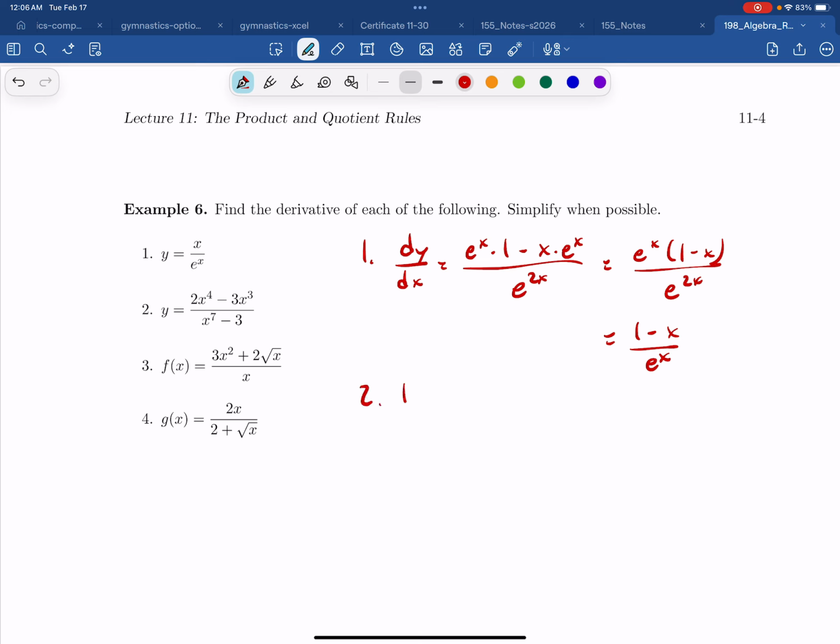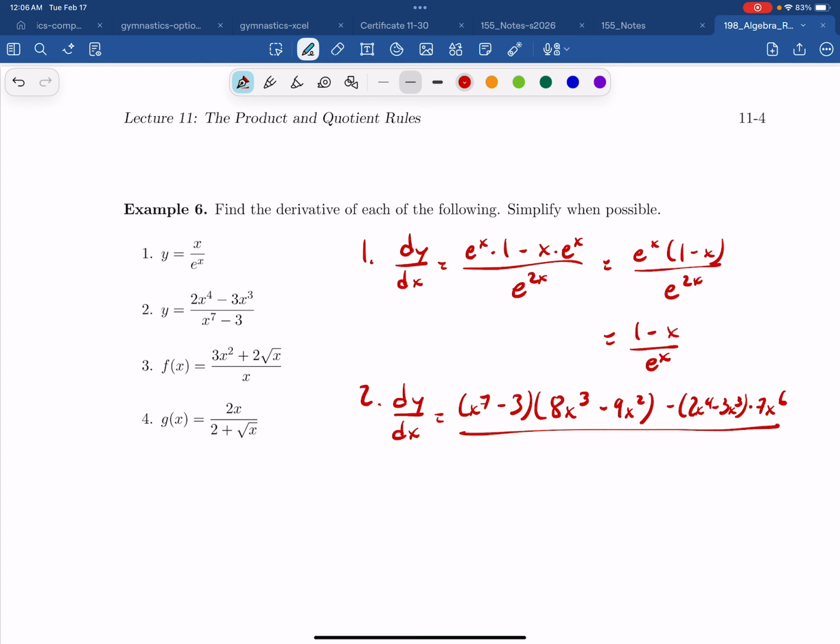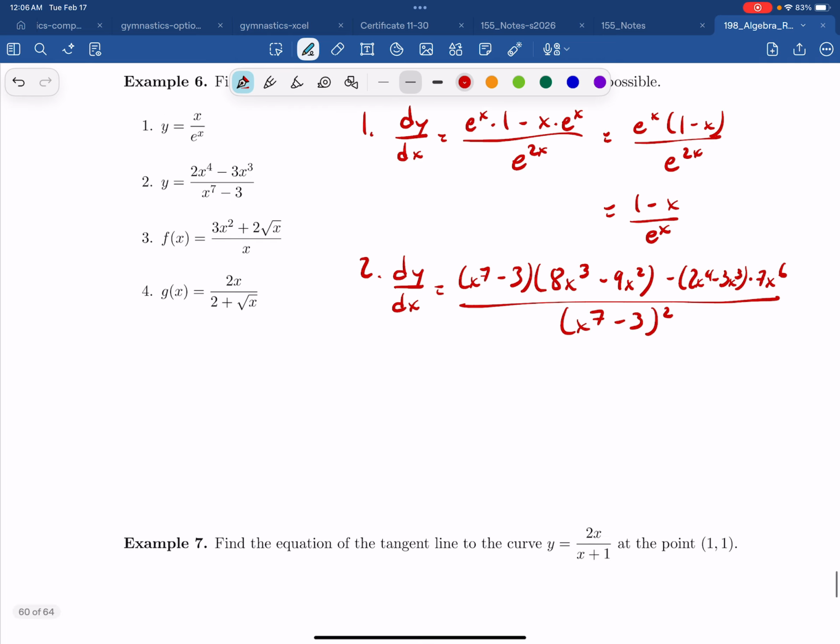For number 2, dy over dx equals, and again, I have no plans to simplify this guy. It says simplify when possible, but this is a little much. Low d high minus high d low all over low squared. Okay. Quotient rule.